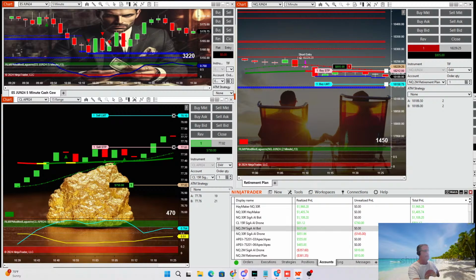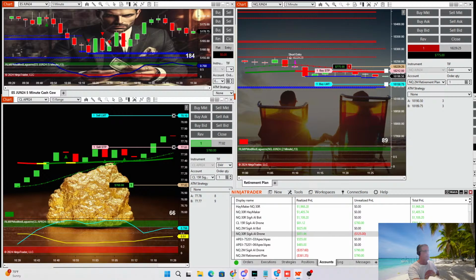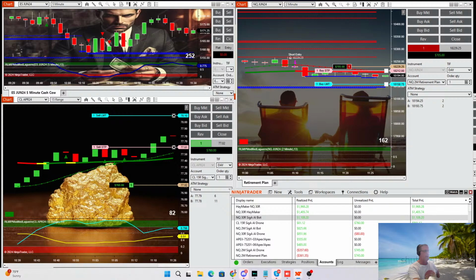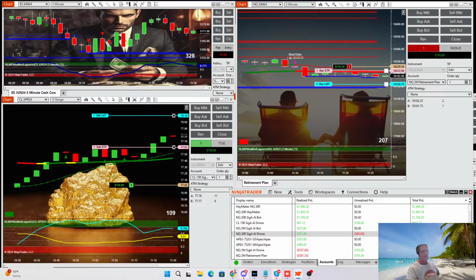The signal AI bot is at 825. Signal NQ 30 range AI bot is at 1108. And the drone is at 781.